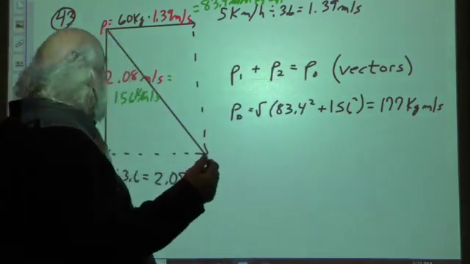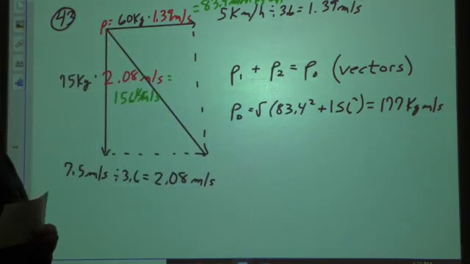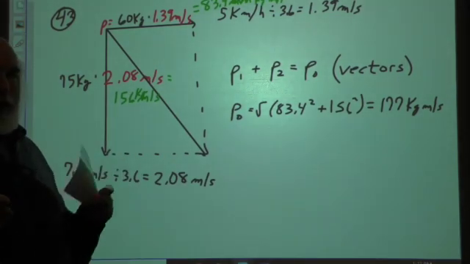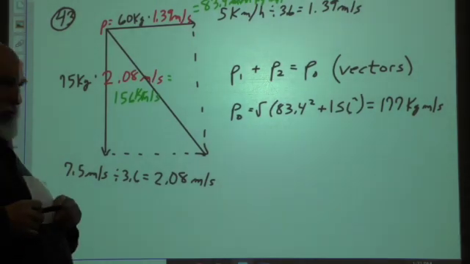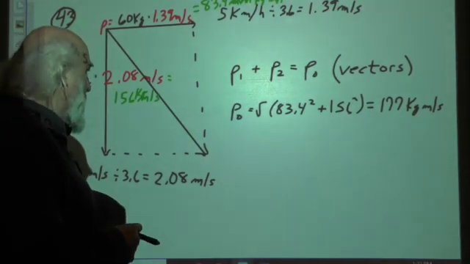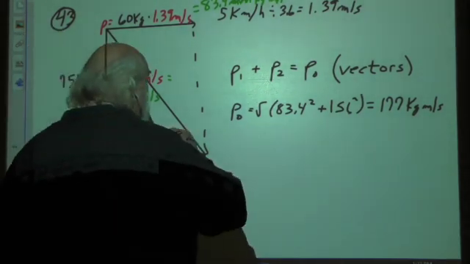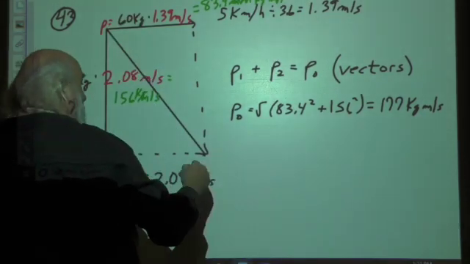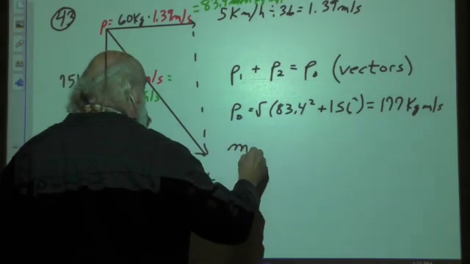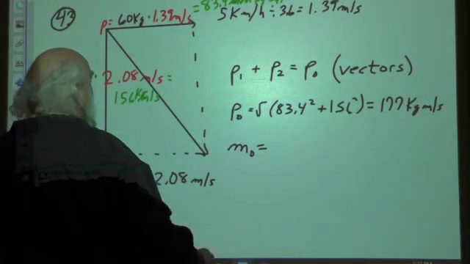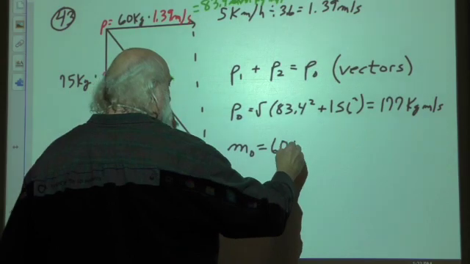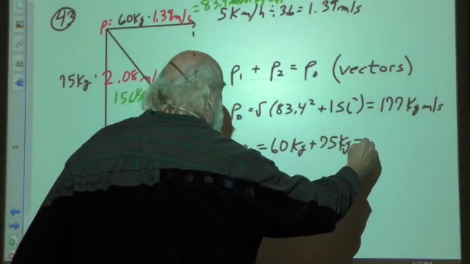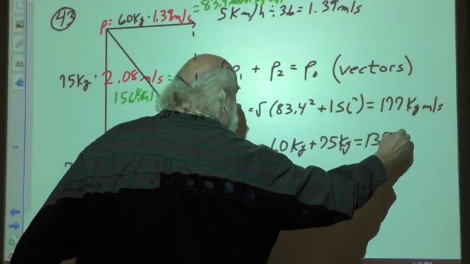The question that this problem has is, what is the resulting velocity of these two entangled skaters scrambling for their lives, trying not to fall down? So we have to take a look at the sum of the two of them together. So the overall mass is 60 kilograms plus 75 kilograms, which is 135 kilograms.